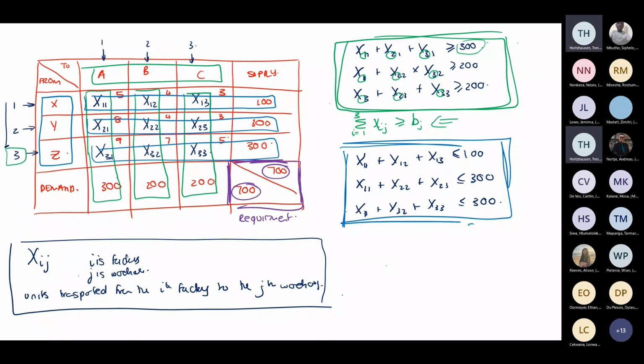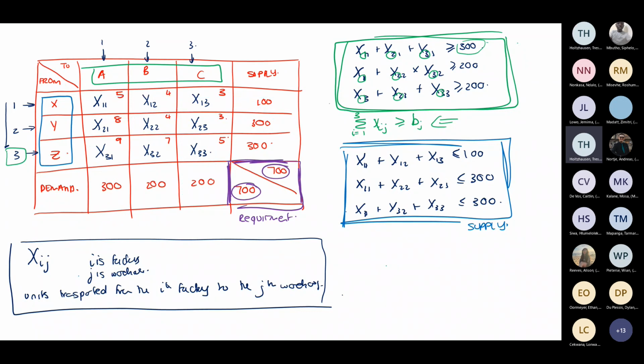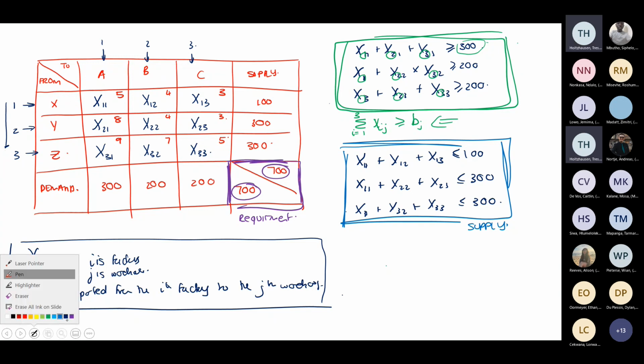But we're not done, because this table also gives us the actual objective function equation. I know it looks scary at the moment, so I'm going to try and neaten it up a bit. We've handled the constraints, so we know where they sit. Now, the objective function is related to the cost of transporting everything.